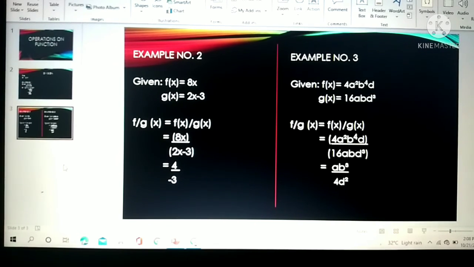We don't need to put negative 2, since if we put it down, it will be positive. But here, d to the 1 and d cubed, we need to subtract, so d squared. It is the answer, a b cubed over 4 d squared.